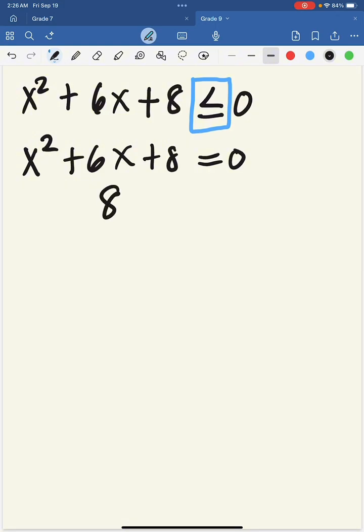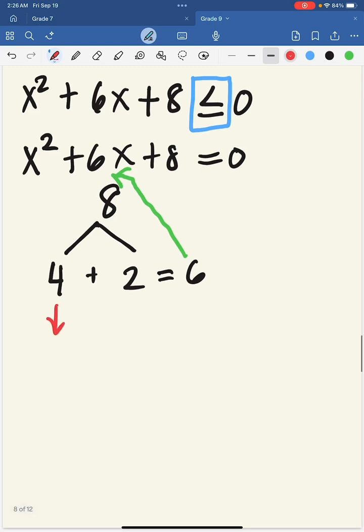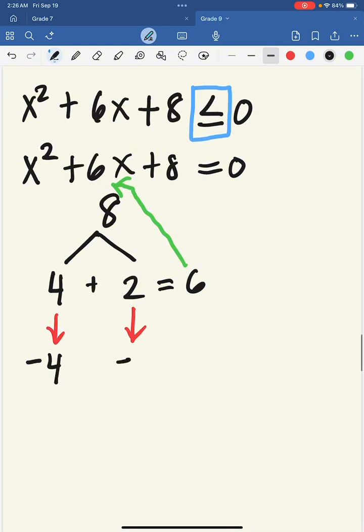So we have 8, so the possible values of 8 that could lead to 6 are 4 and 2, because 4 plus 2 is 6. So we have it here. Using the lazy method, just the opposite of 4 and 2, which are -4 and -2.